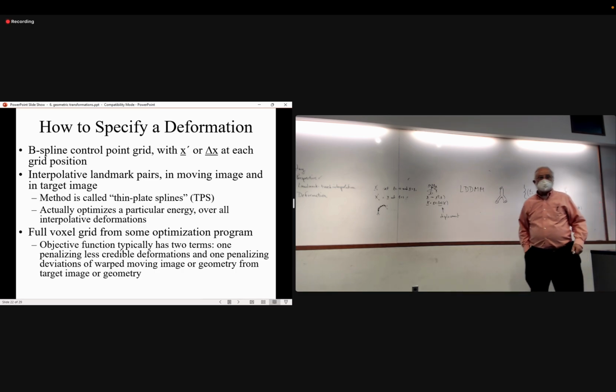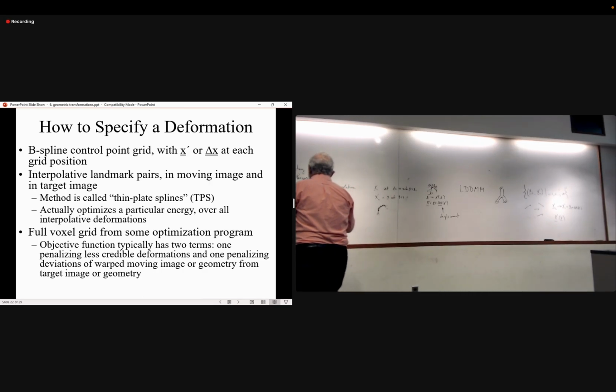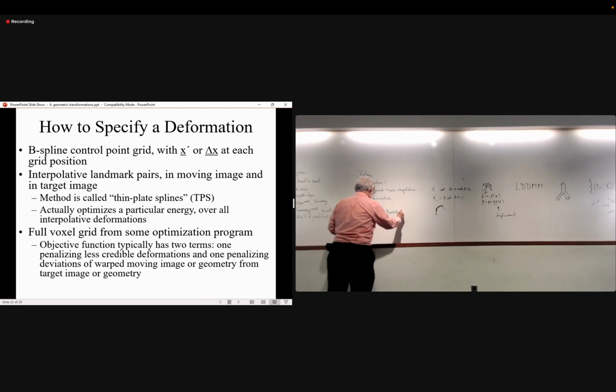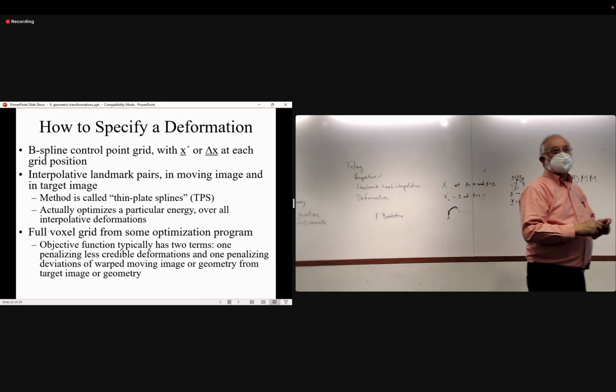The method we're going to be talking about was invented by a scientist named Frederick Bookstein. And Fred was a wonderful scientist, but an awful writer. And so you shouldn't try to read his papers.